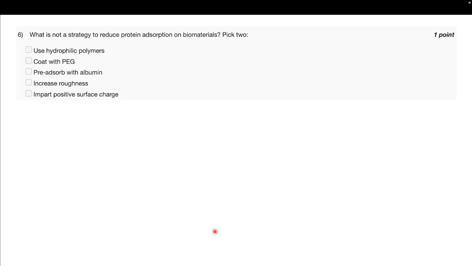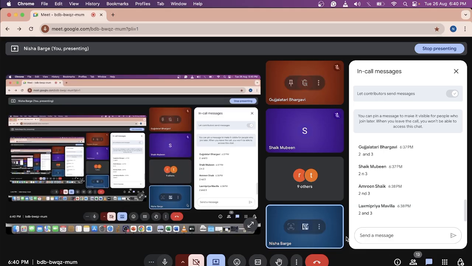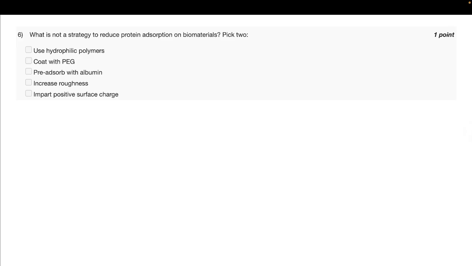It is asking what is not a strategy to reduce protein adsorption on biomaterials. If anybody knows the answer, please let me know.